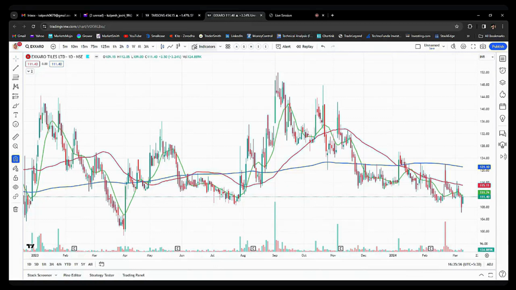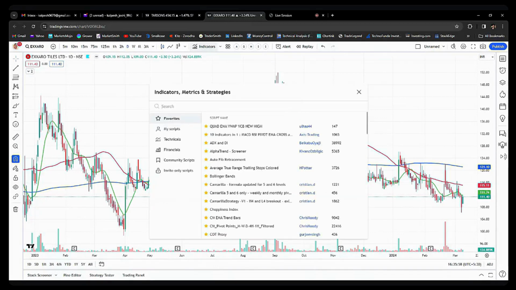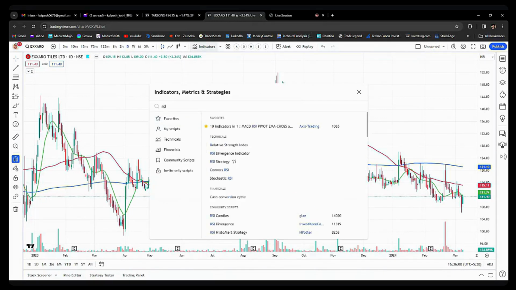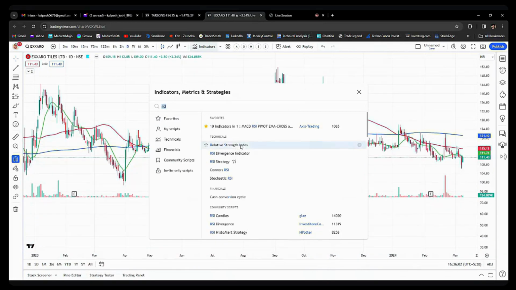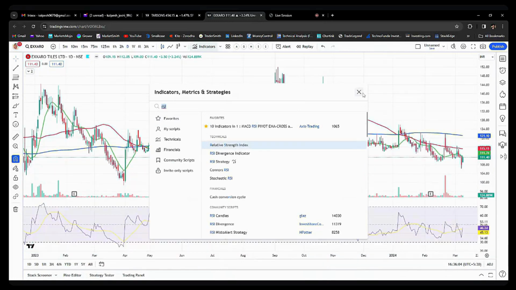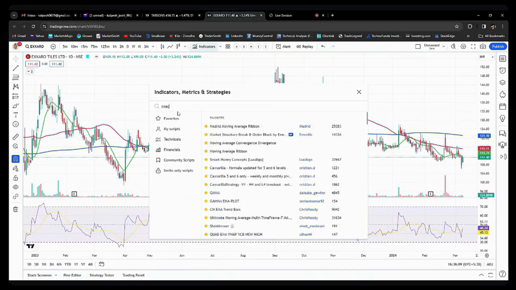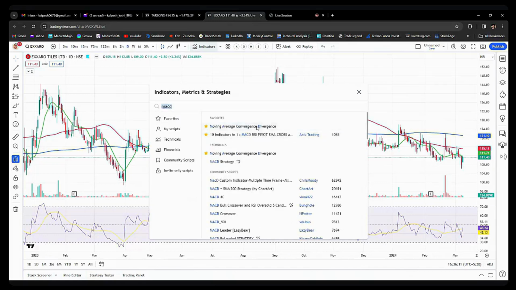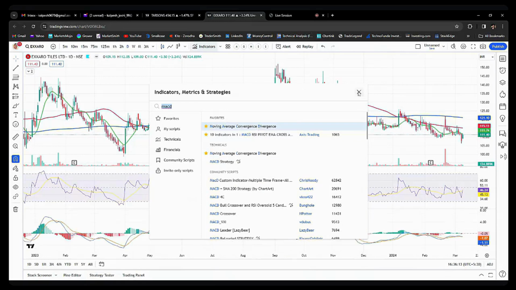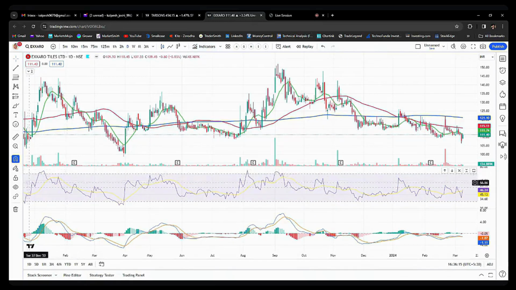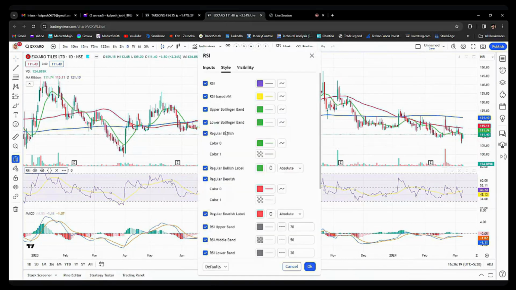Second, you can have RSI, which is very famous and popular. I usually have this in all my learning, RSI and MACD. MACD also you can keep. In RSI, I usually prefer 60-40 instead of 30-70.